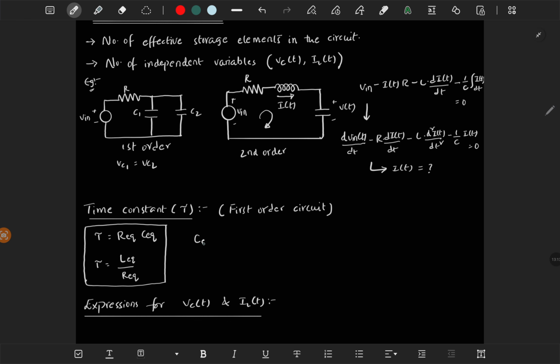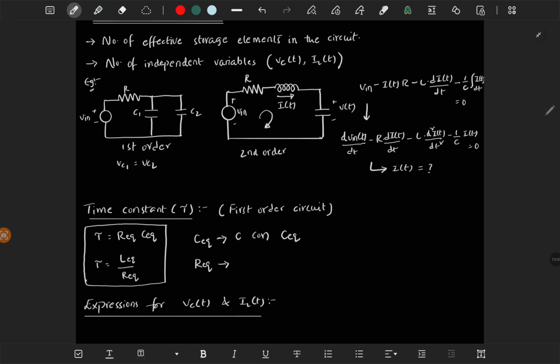So how to find C equivalent? If it has only one capacitor in the circuit, then C equivalent is nothing but C. Or if it has multiple capacitors that can effectively be combined, then we can combine those capacitors and write that C equivalent.